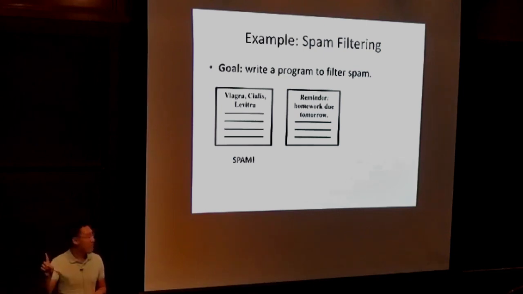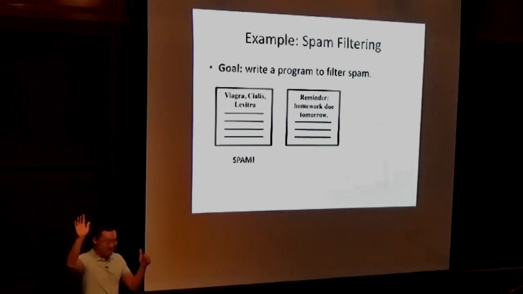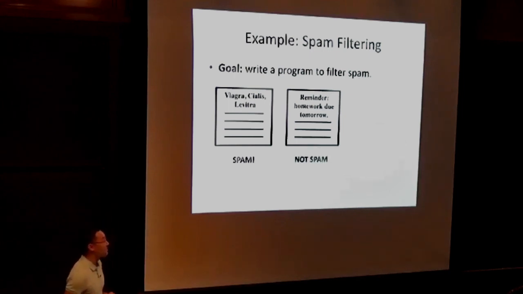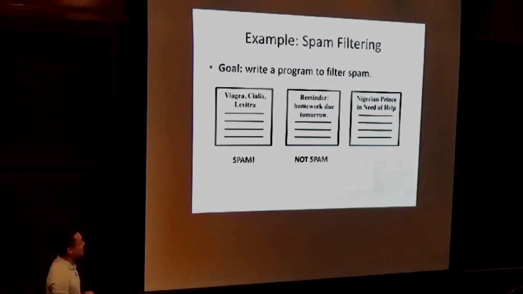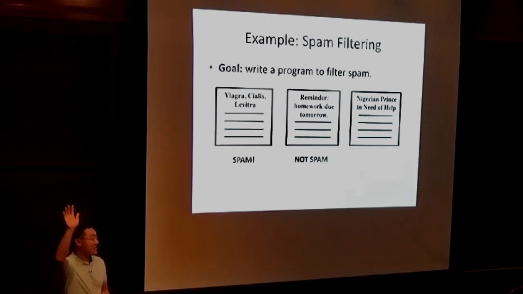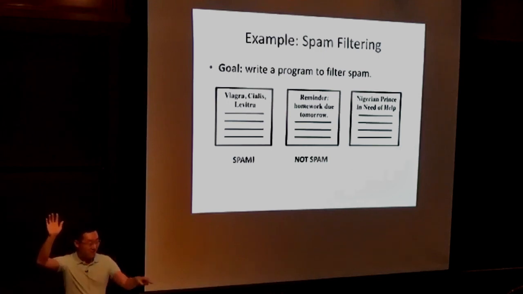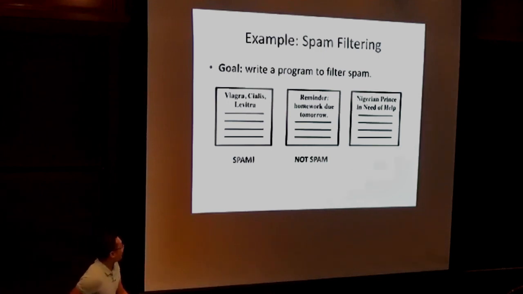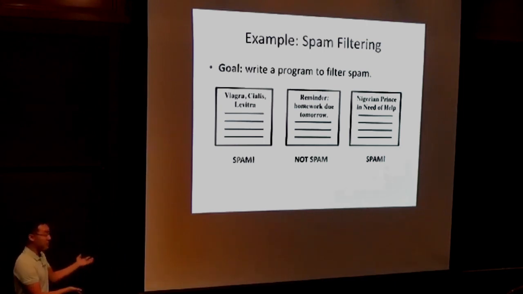I don't think any of you will pass this class. Raise your hand if you think it's not spam. Good. Okay, I also think it's not spam. Final example. Raise your hand if you think this email is spam. And raise your hand if you think it's not spam. I fear for your bank account. I think it's spam. Okay. Now let's write a program to actually filter these emails.